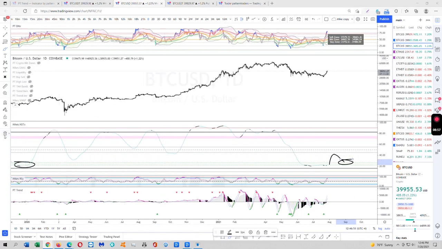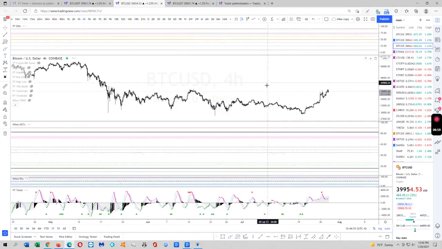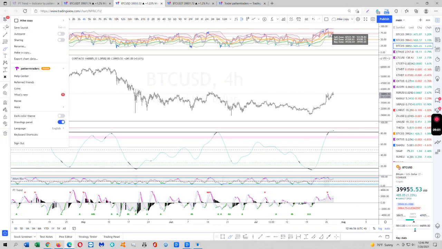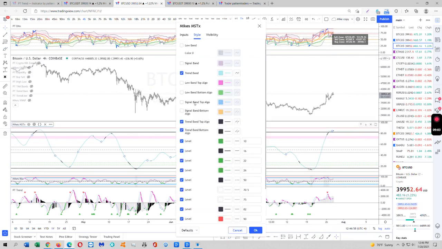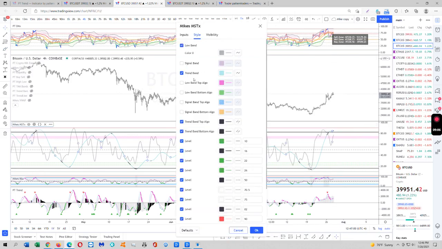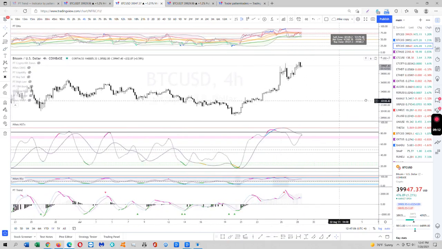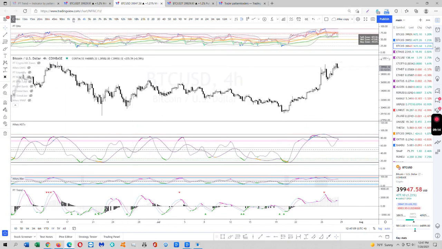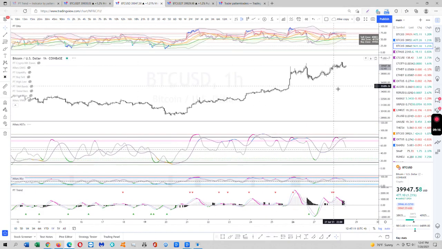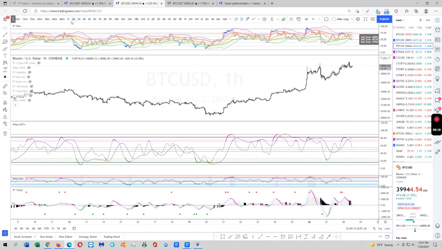Now, regarding price action, let me talk about some of that because I know that not a lot of people like oscillators. Put these back on. Turn off the trend. And let's go to the 1 hour. No, actually, not the 1 hour.